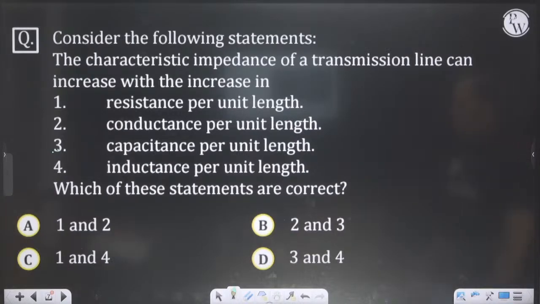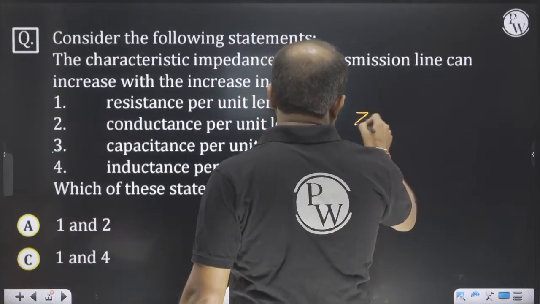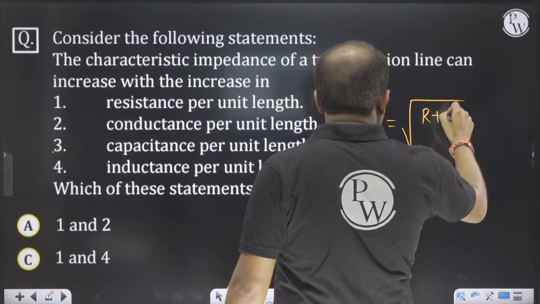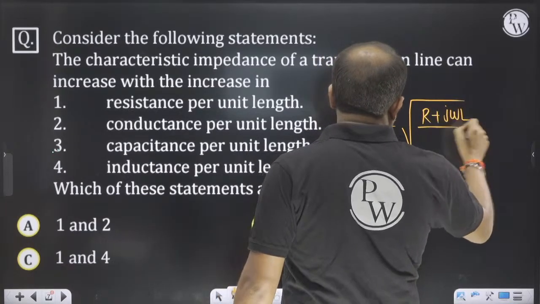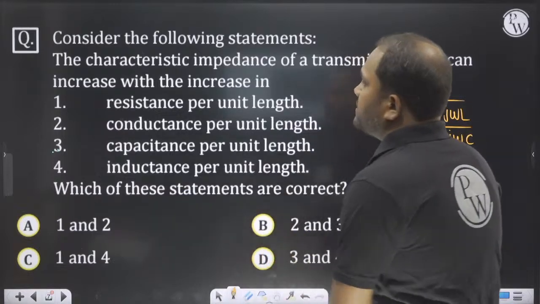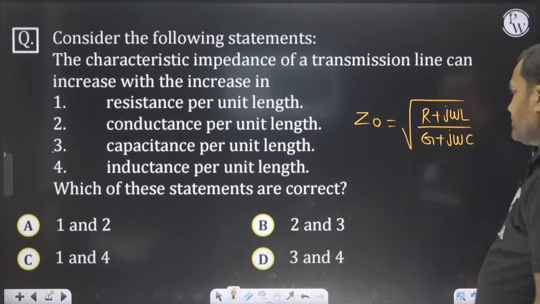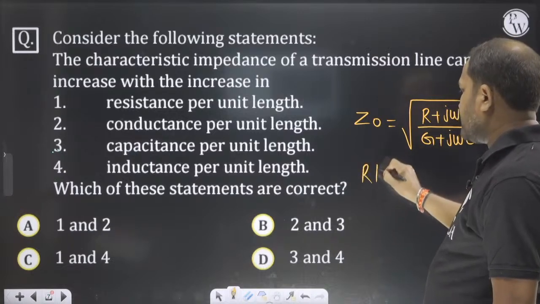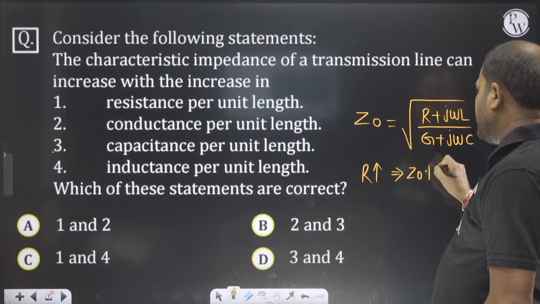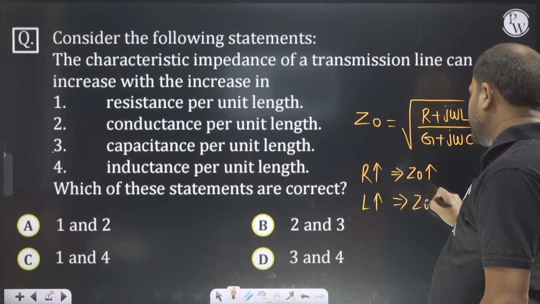So they are asking about characteristic impedance. You know the formula of characteristic impedance: Z0 is the square root of R plus j omega L over G plus j omega C. If I increase resistance per unit length, Z0 will increase. Inductance increases, then Z0 will increase.